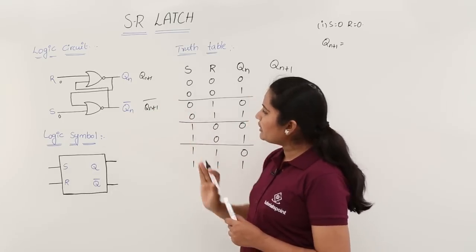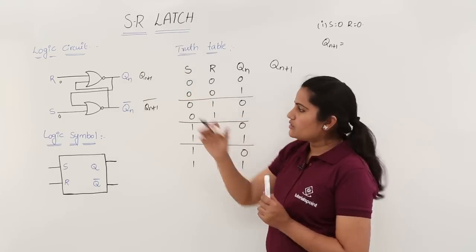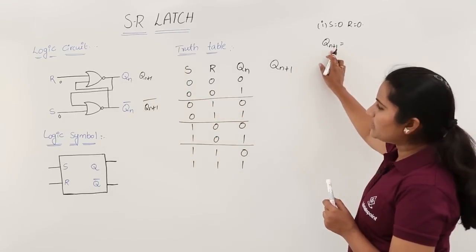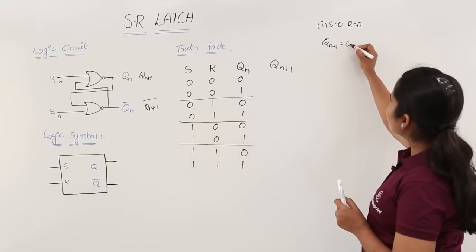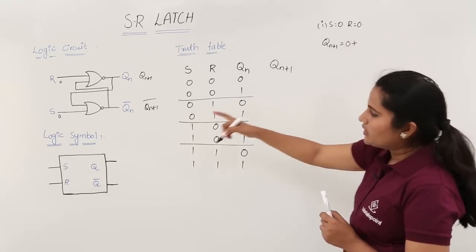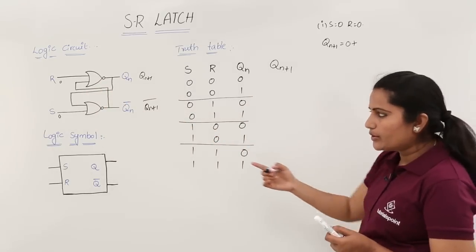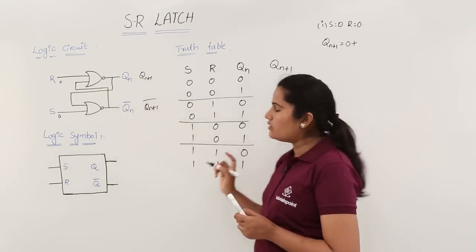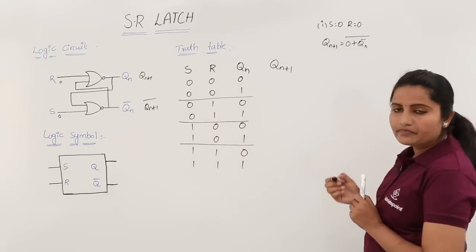So first I am going to consider this path only. For that I am taking 0, that means R, plus this feedback 1, that means Qn bar. We don't know Qn bar up to now, so here I am taking Qn bar whole bar.